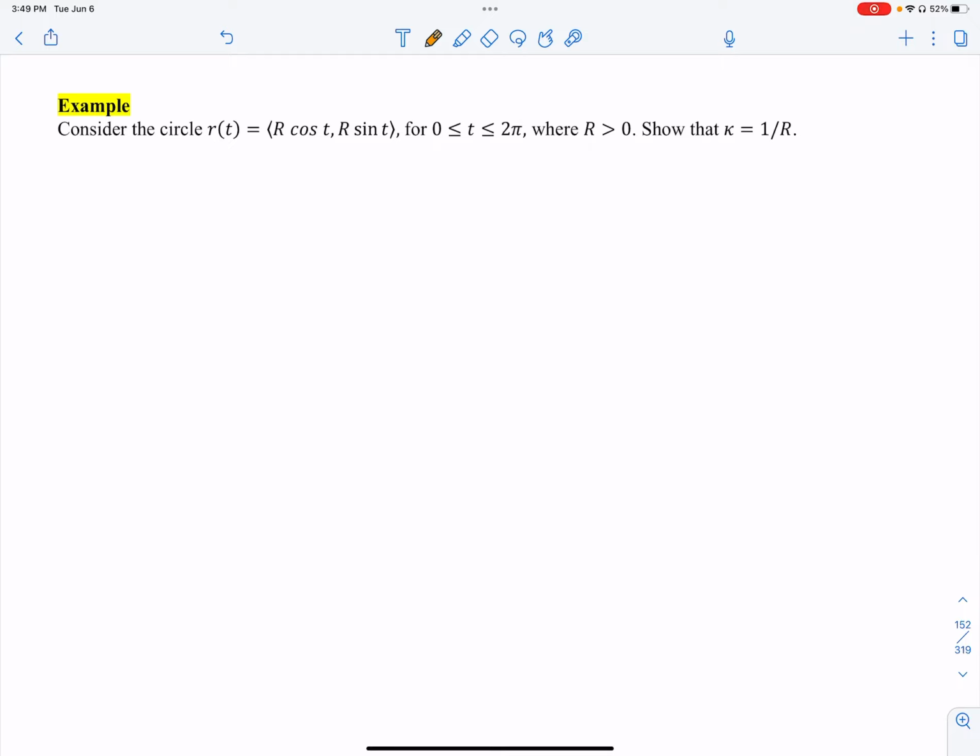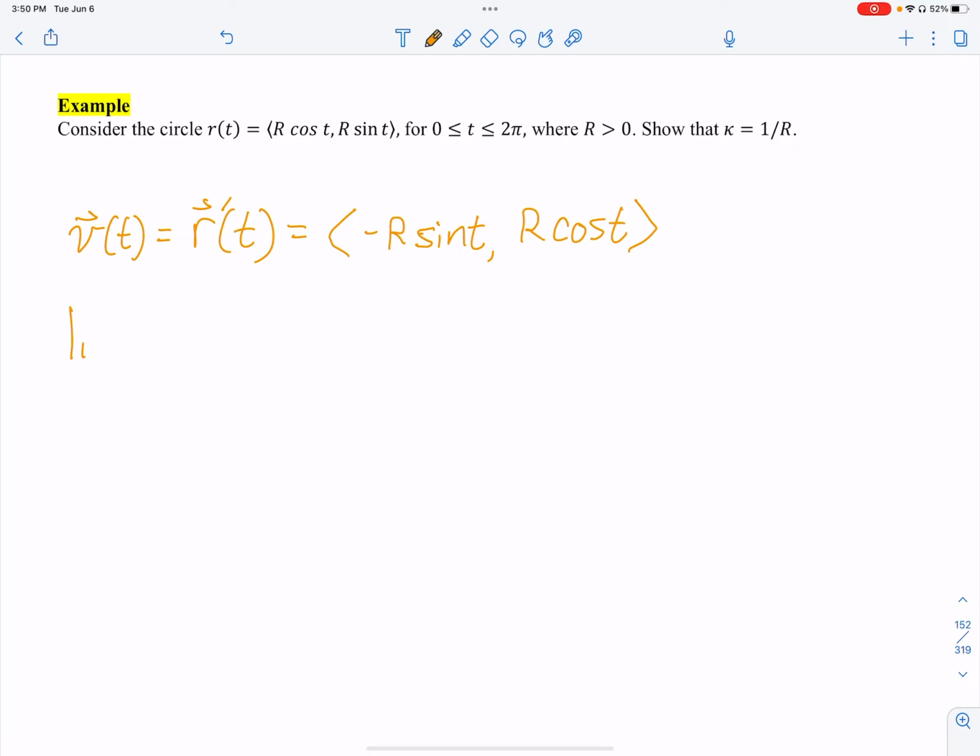Okay, so the first thing I need, if I'm building towards my definition, is r prime. This is also going to serve as my vector v. This derivative is going to be negative R sine t, comma, R cosine t. That's the derivative of each one. I can also now find the magnitude of v. We're going to use them both in 2 different definitions in a moment.